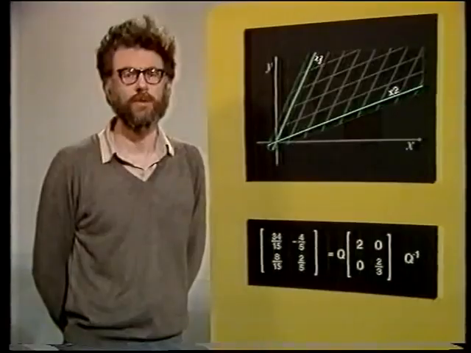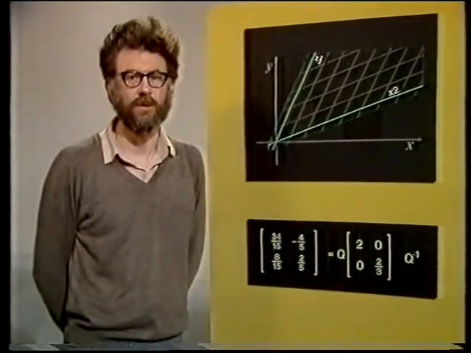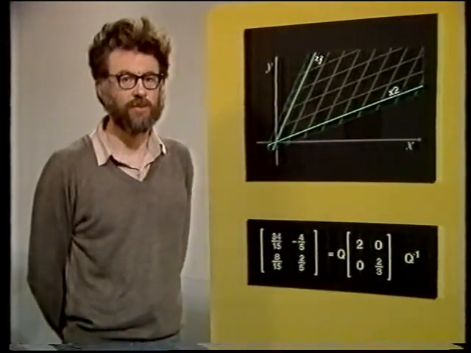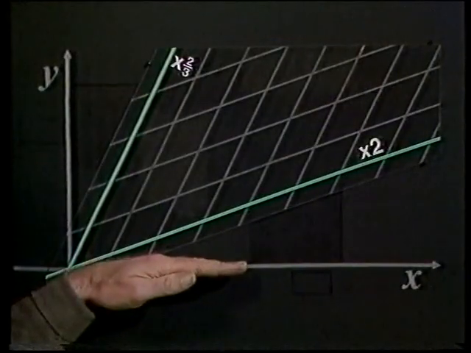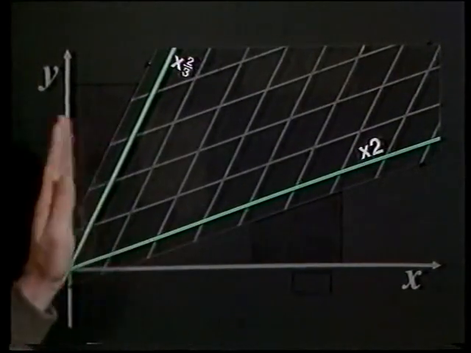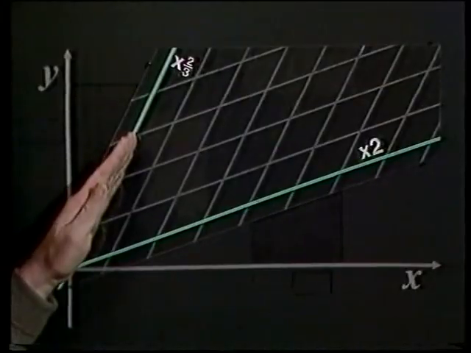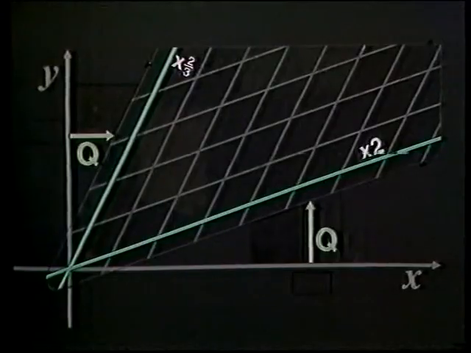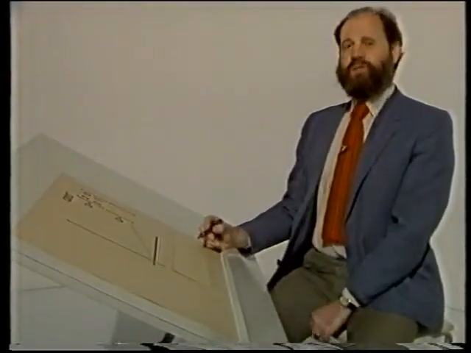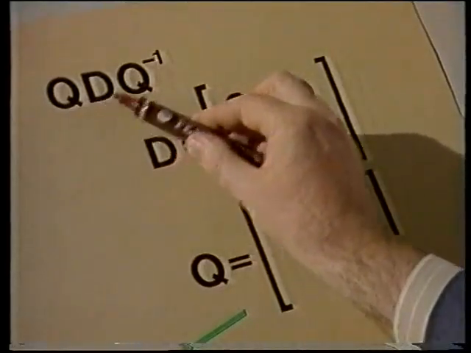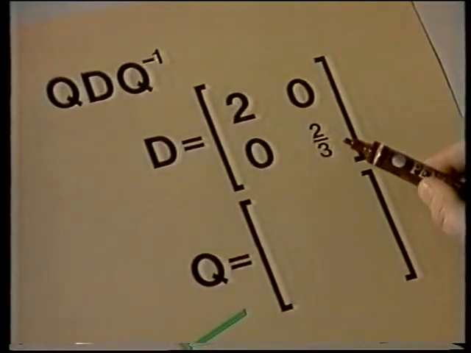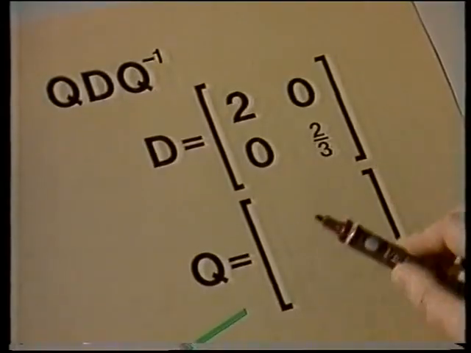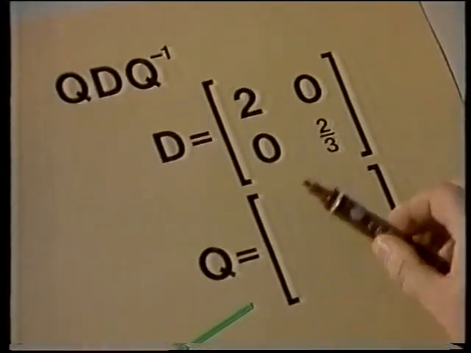Well, here we can use the clue that was given by our earlier investigation. The key thing there was that we had a matrix which transformed the x-axis to one eigenline and the y-axis to the other. So what we've got to do now is actually find a matrix Q which does the same in this case. So we want to write our matrix as Q, D, Q to the minus 1, where D is this diagonal matrix, and what we need to do is find Q. But what does Q do?